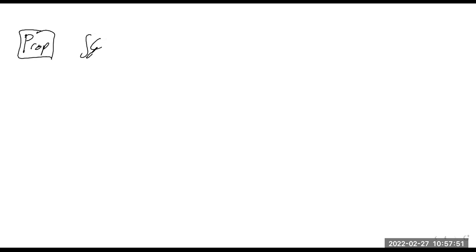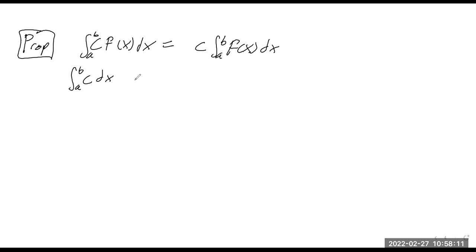If I have the integral of a constant times a function, that's the same thing as factoring out the constant from the integral and multiplying it to the integral of the function. And lastly, if I have a constant c, which does not depend on x, then the integral of this c is just that c times the length of the interval.